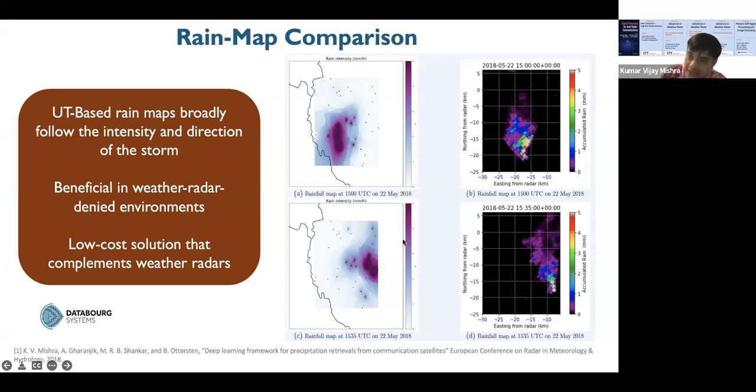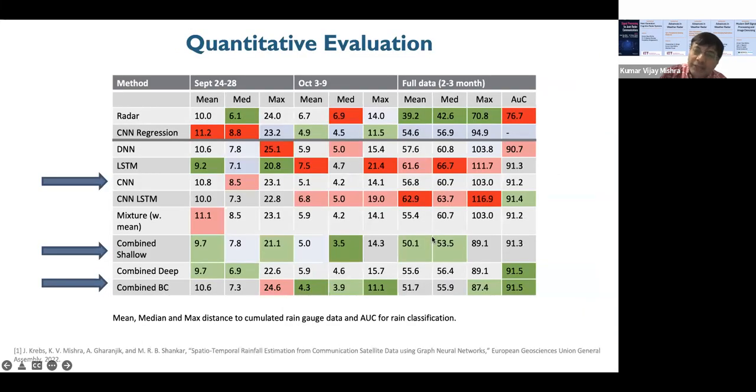Now we improve this initial estimate by trying many different types of networks and different layers for different storms. And then we came to this kind of a table which compares these different networks. You can use LSTM, CNN, you can use a combination of both, like one for regression, one for classification, and so on.